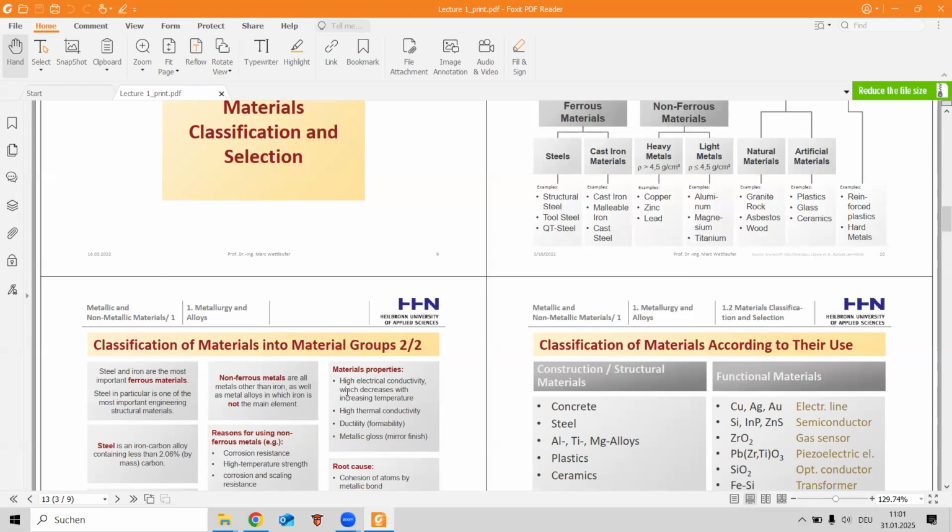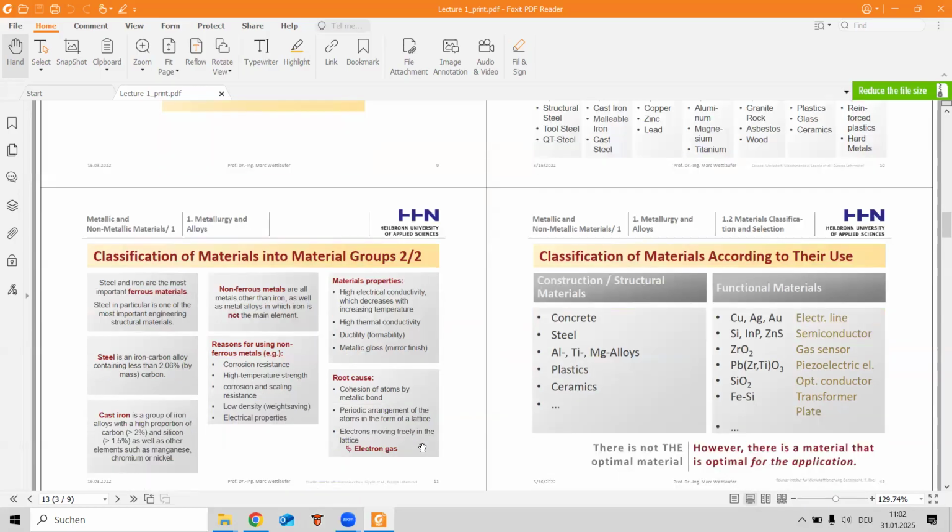So material properties are high electrical conductivity which decreases with increasing temperature, high thermal conductivity, ductility or formability, metallic gloss, mirror finish. And steel is an iron-carbon alloy containing less than 2.06% by mass carbon.